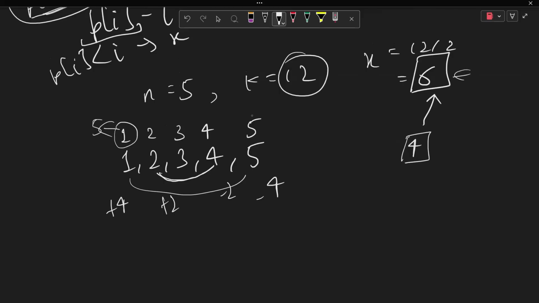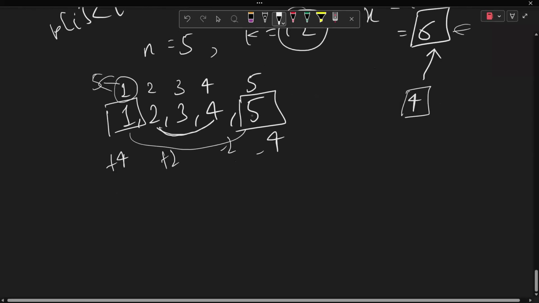Okay, so whenever we swap any two numbers, what extra are we adding to our x, like the sum of positives or the sum of negatives? Whenever we are swapping position 1 with position 5, we are adding 4.